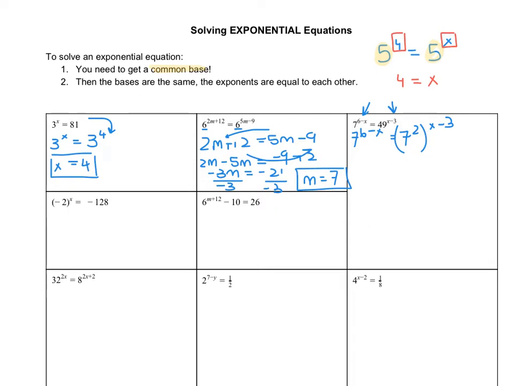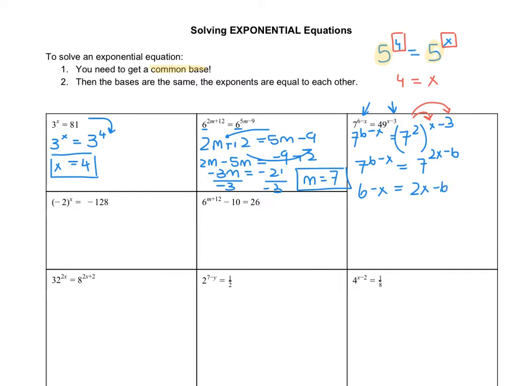When you have an exponent to the power of another exponent, you should multiply your exponents. So I have to distribute that 2 into the outside exponent, so that I have 7 to the power of 6 minus x equals 7 to the power of 2 times x, and then 2 times negative 3 is negative 6. Now my bases are the same, so I can set the 6 minus x exponent on the left equal to 2x minus 6 from the right.